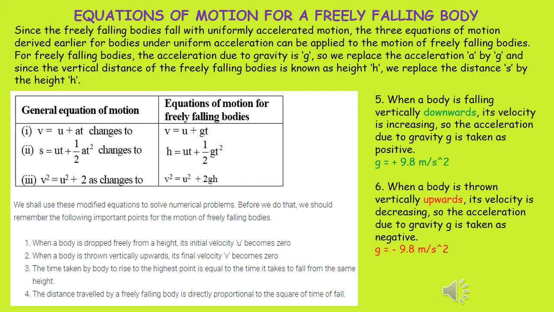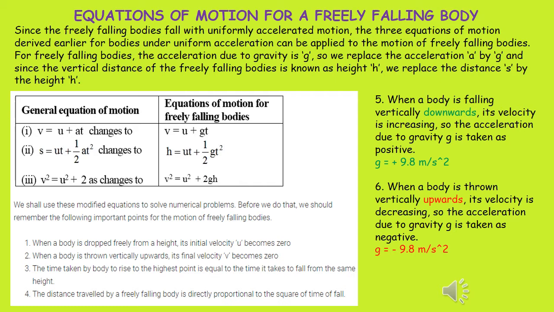Instead of writing acceleration as a, we will be writing small g, because here the acceleration is acceleration due to gravity. And as we are talking about vertical distance, s will be replaced by small h.